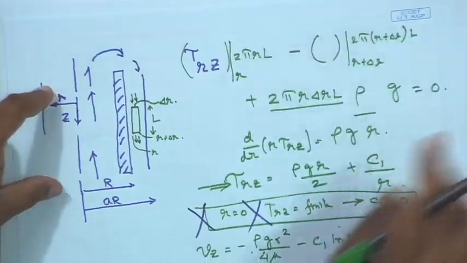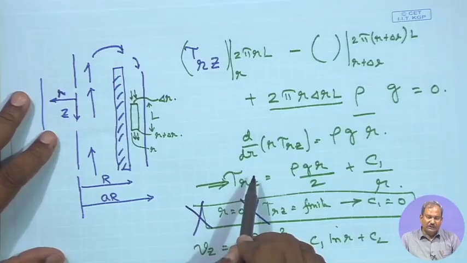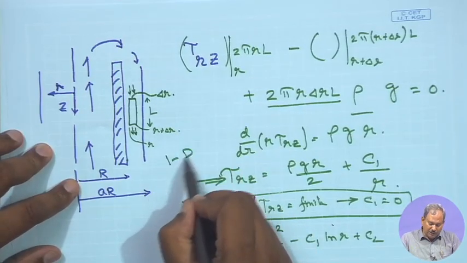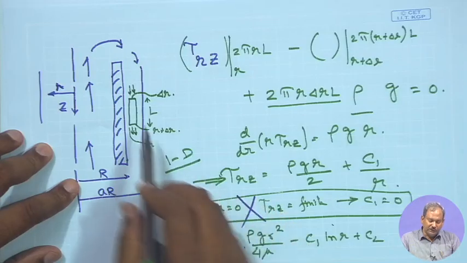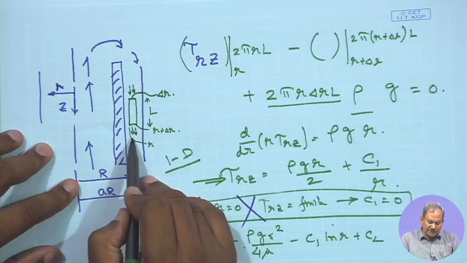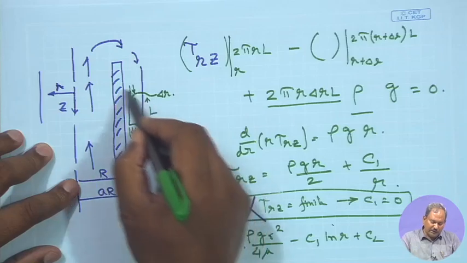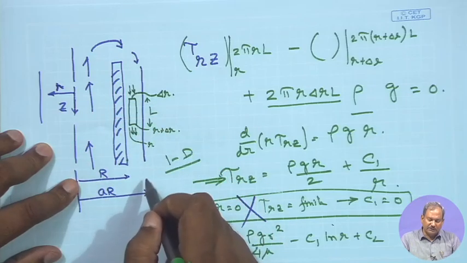Let us look at this figure more carefully. Whatever expression we have used is essentially true for one dimensional flow. That means the flow is only in the z direction, there is no flow in the r direction, and no flow in the theta direction.